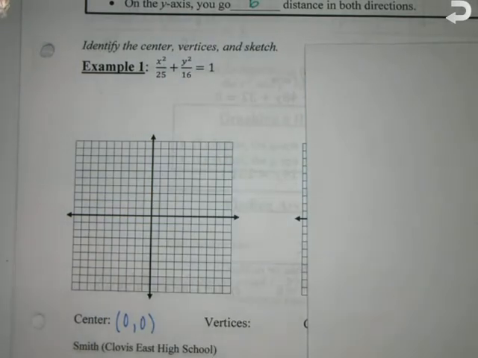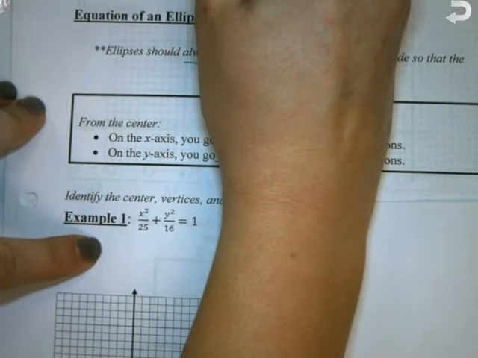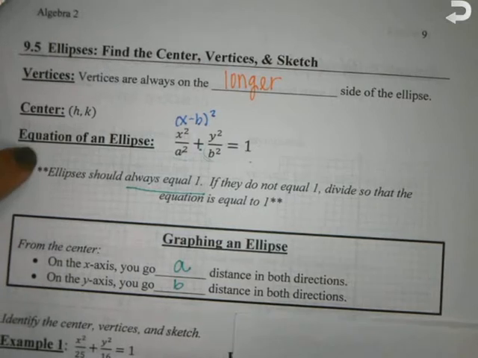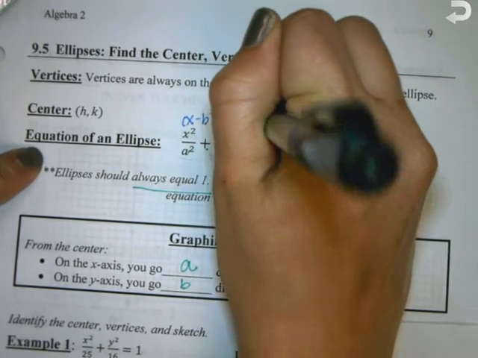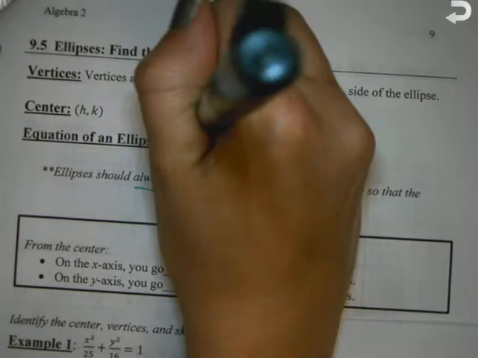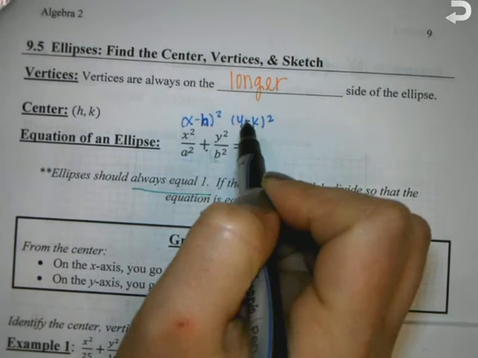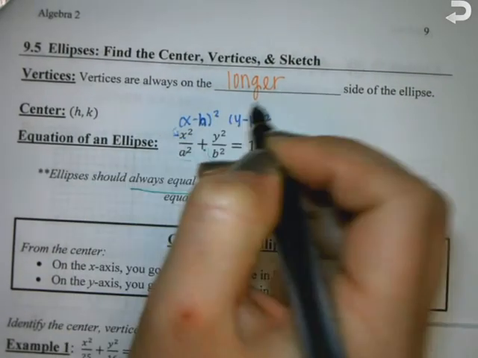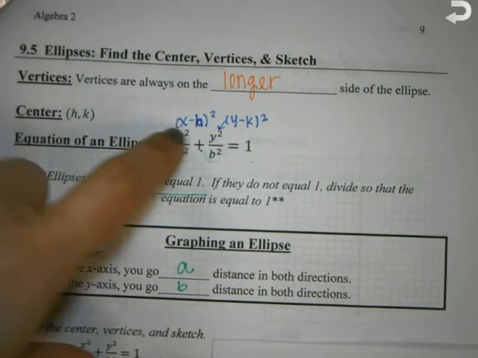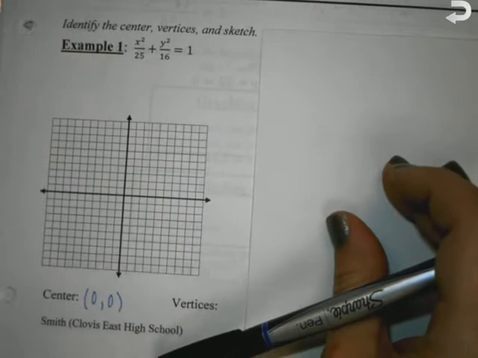I guess a better way to write this would be x minus h squared, and y minus k squared, those could also go here. And they both should be negatives inside of them. So if nothing is attached, like in example 1, to the x's and y's, our center is 0, 0.